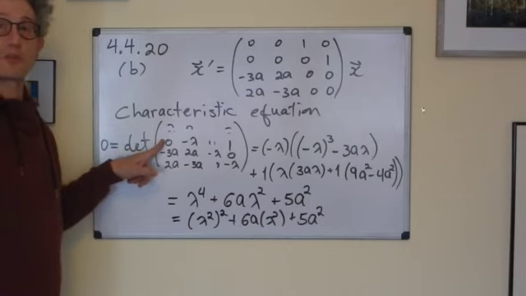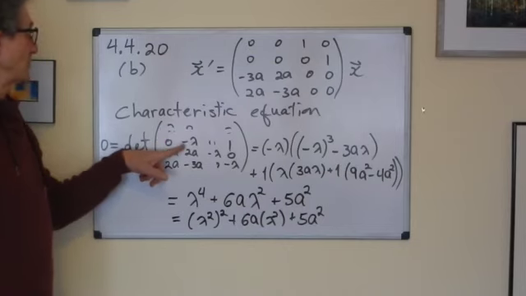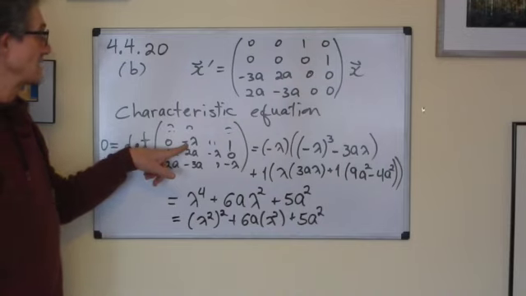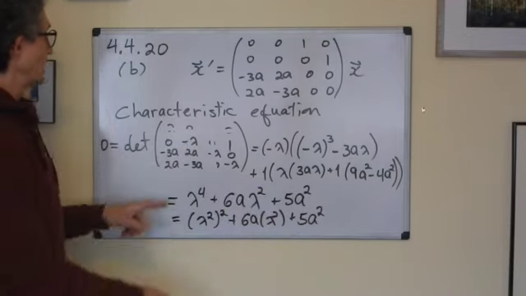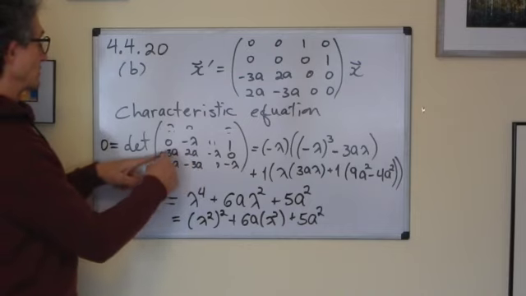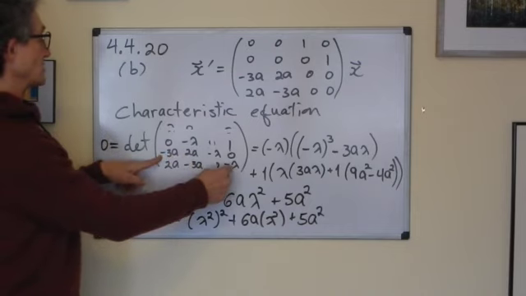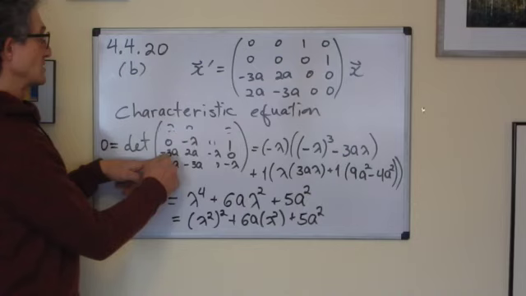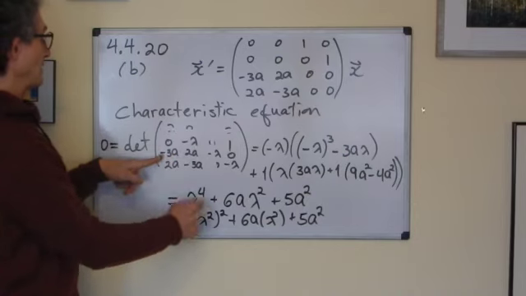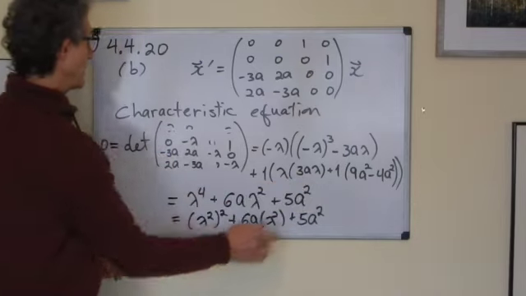We have 0 with a plus sign, which gives nothing. And then we have minus lambda with a minus sign, so that gives plus lambda. And the subdeterminant here is minus 3a times minus lambda, which is plus 3a lambda, and then 0, so that's this term here.